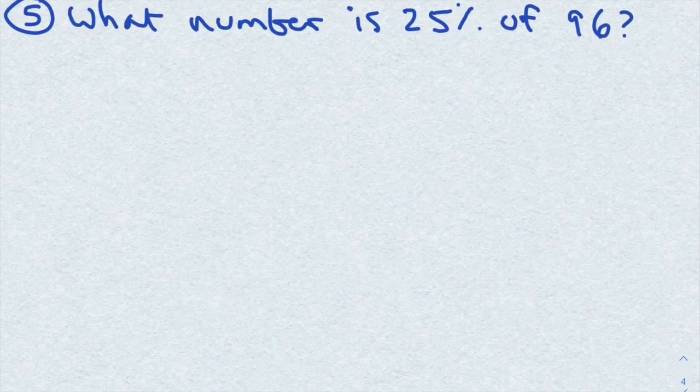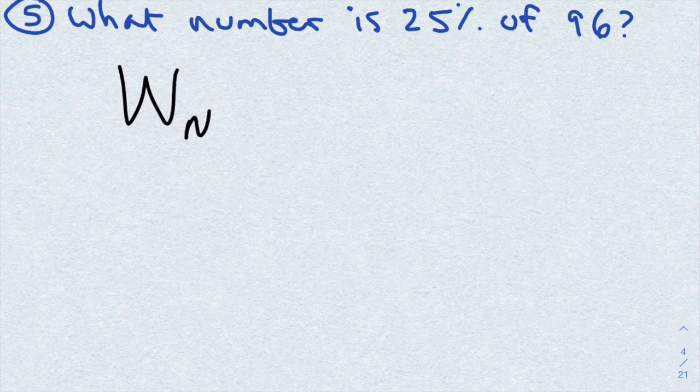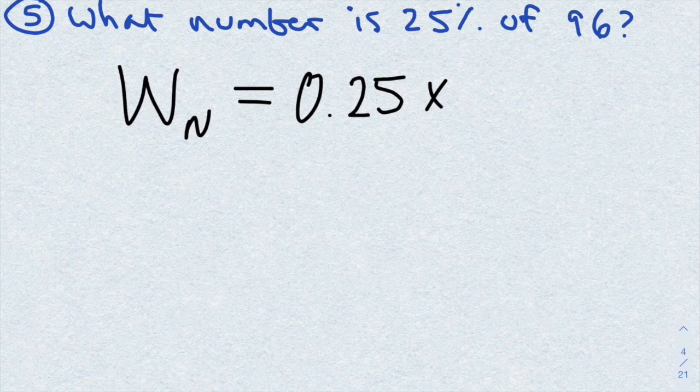Okay, next one, number 5. What number is 25% of 96? This is when I use my equation they taught us, W n, what number? My "is" is my equals. My 25% becomes a decimal, times, "of" is my times, 96.